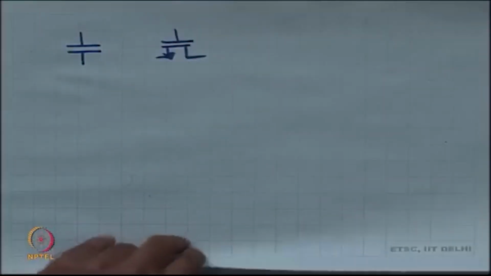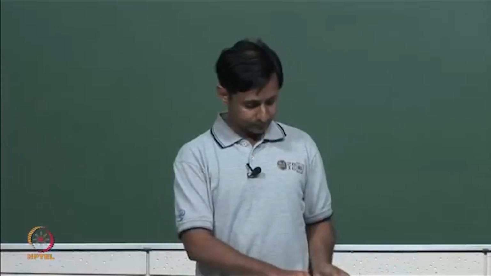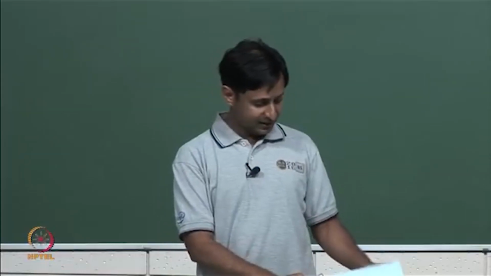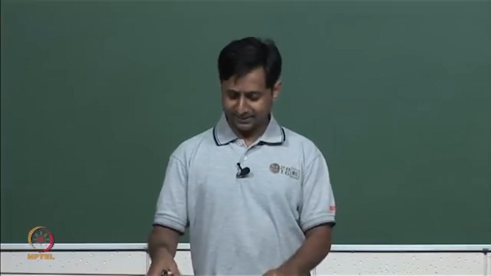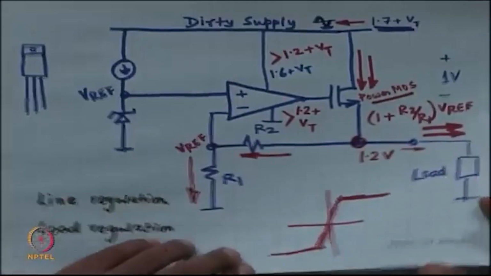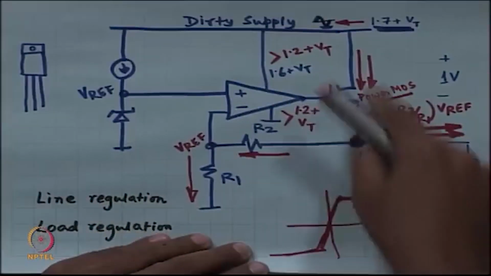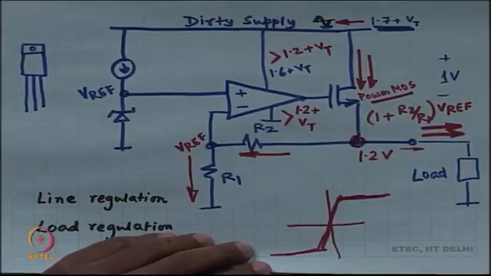What do we do? So, the answer actually lies in this MOSFET, right. We need to have a power MOSFET over there, but do we have to have it like this?